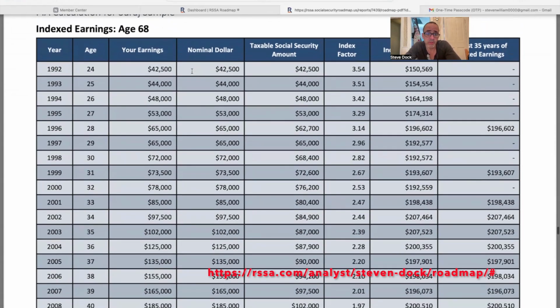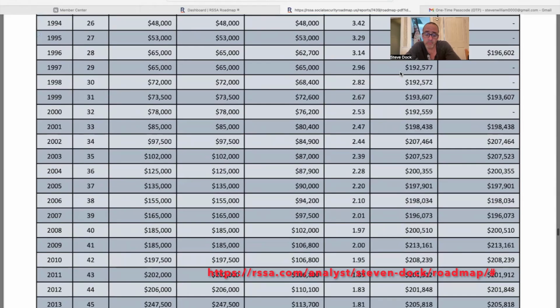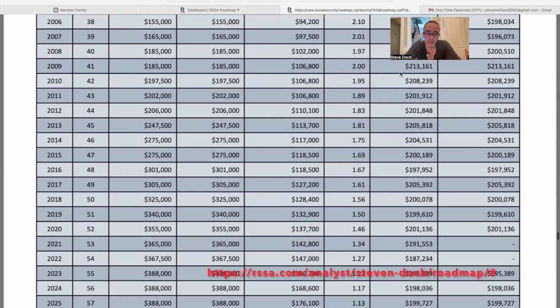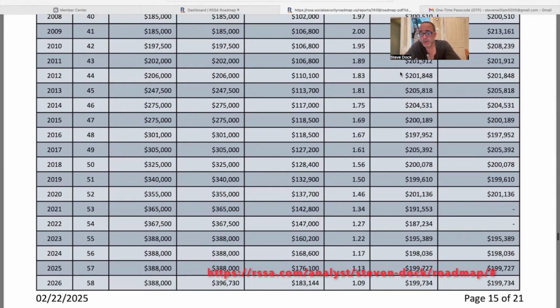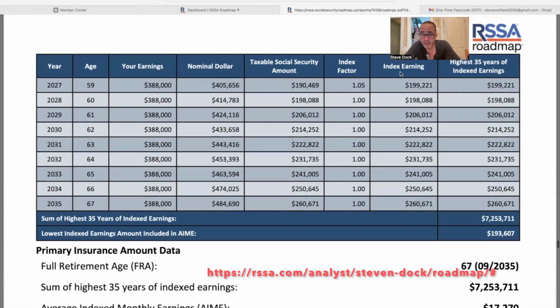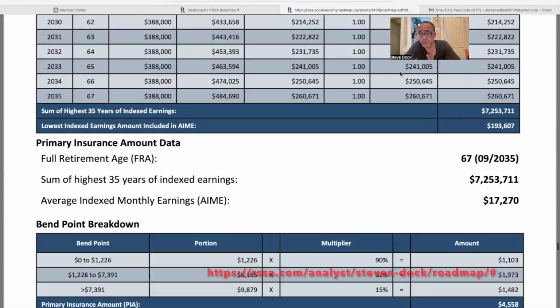And so you may have only earned 42,500, but we look at that as 150,569 in current dollars, right? And it'll give you your top 35 years of earnings, and that's what we're looking at here.